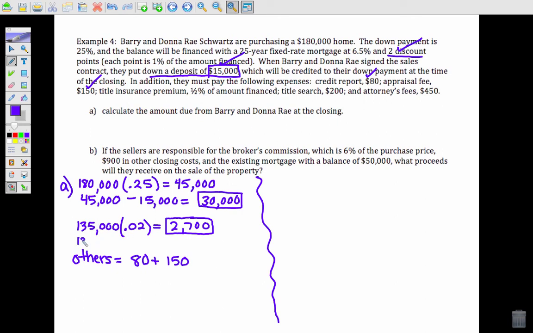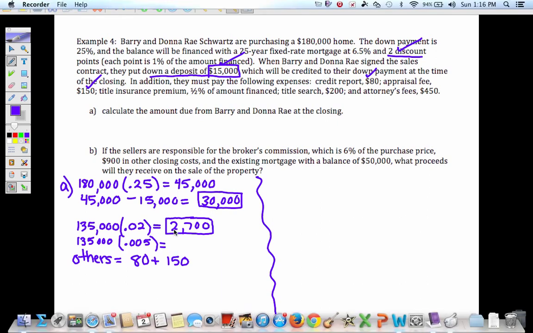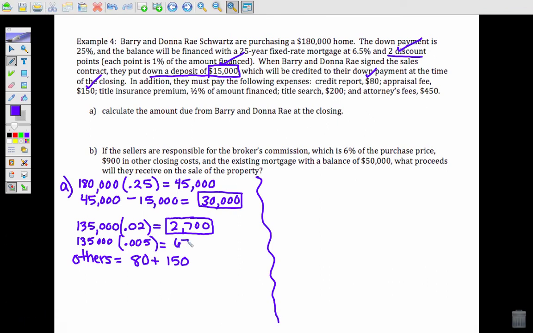It's 0.5% of the amount financed. Let's go ahead and figure that one in here too. $135,000 times 0.5%, 0.005, and this amount is going to be $675.